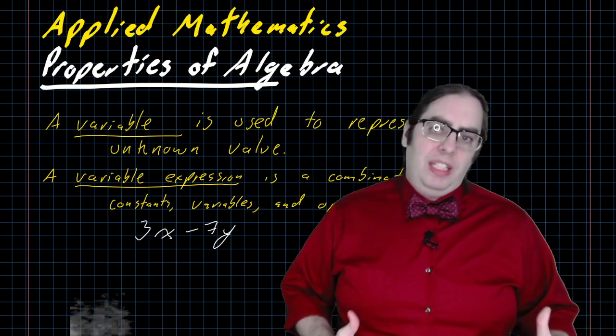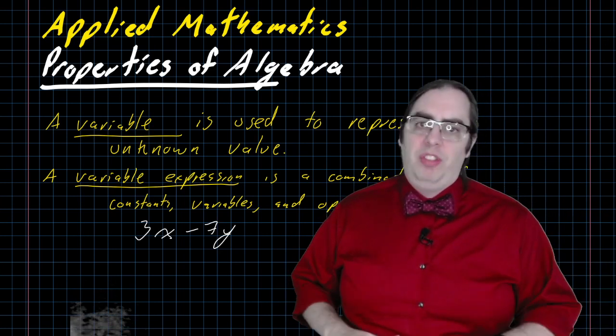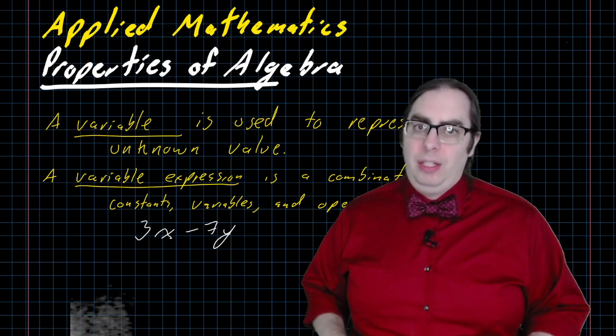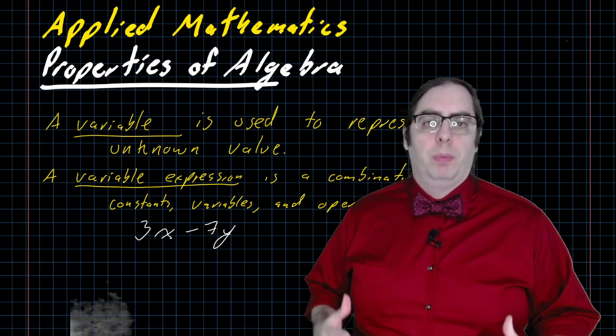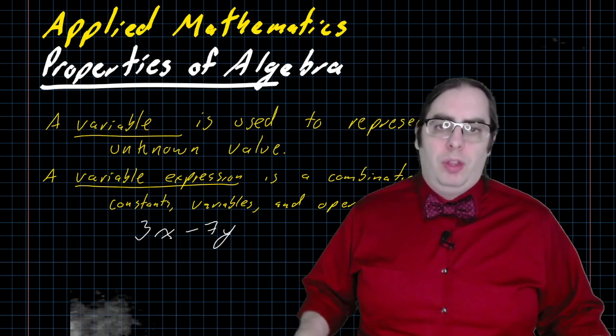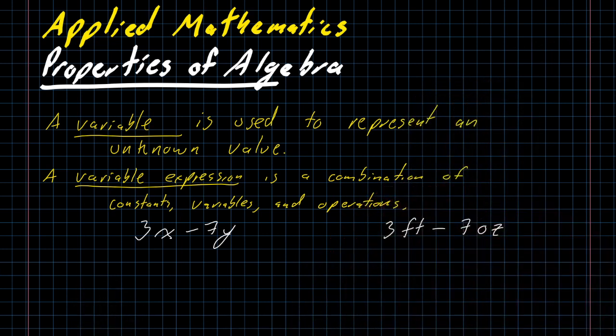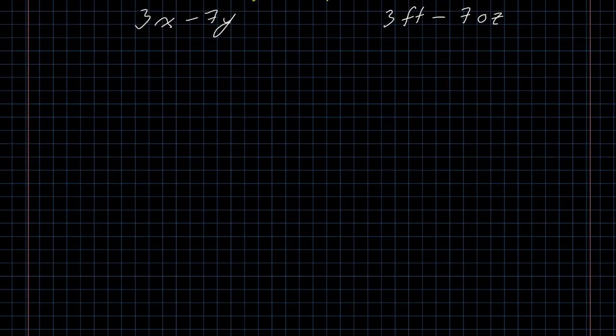And with those ideas in mind, we can use the same sorts of dimensional analysis rules in order to work with our variable expression that we could with just some measurements. Getting a little bit ahead of myself.